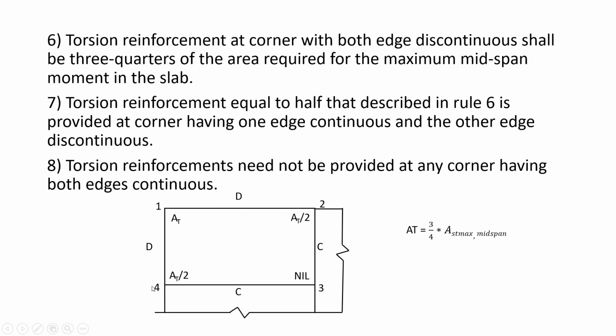And similarly at corner number 4, one edge is continuous and one edge is discontinuous, so we will provide 750/2. And at corner number 3, both the edges are continuous. So the code says that if both the edges are continuous, then we will not provide any torsional reinforcement.